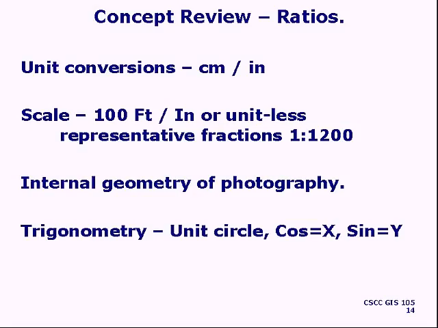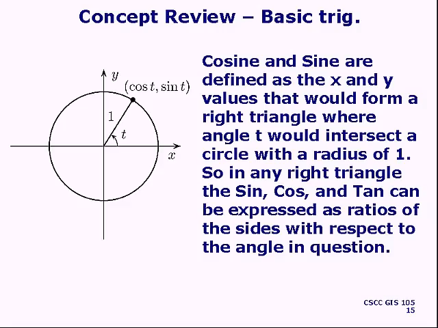And finally, trigonometry. Trigonometry with respect to a unit circle, a cosine being the x in the unit circle, the sine being a y. And what that really means is that if we take that unit circle, radius of 1, wherever the angle, we've got an angular measurement, that line strikes a circle.